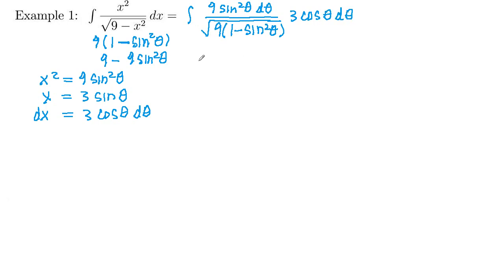Now we'll start simplifying. In the numerator, 9 sine squared theta. We don't need the d theta there, we've got it out here, it's part of the dx. In the denominator, 1 minus sine squared is cosine squared, so this is root 9 cosine squared times 3 cosine theta d theta.